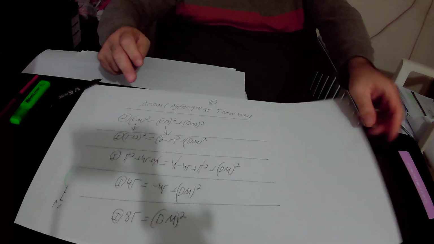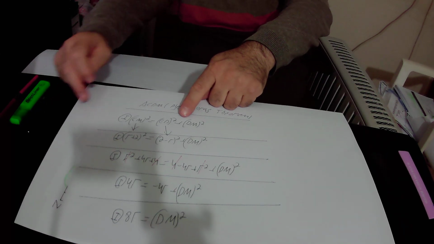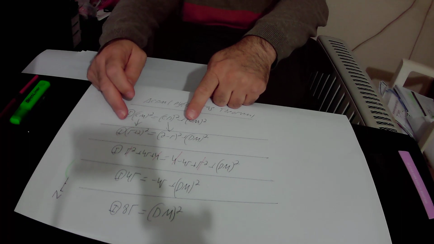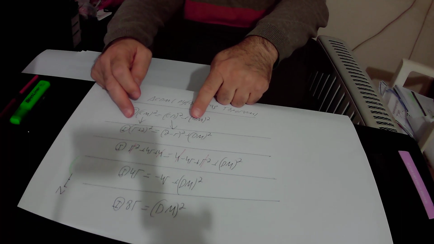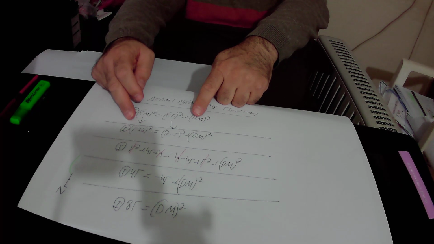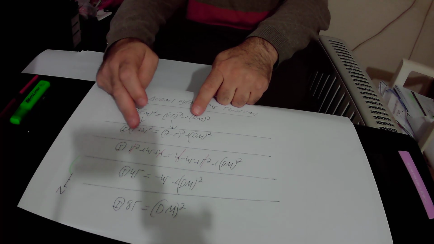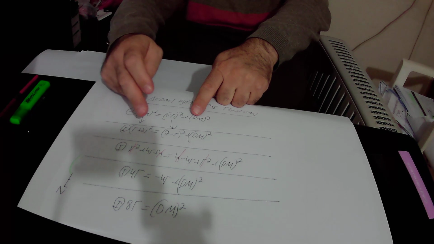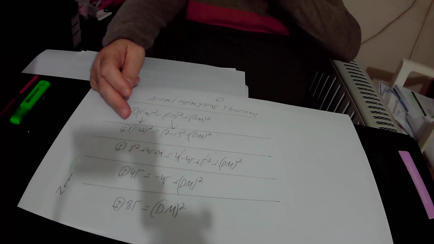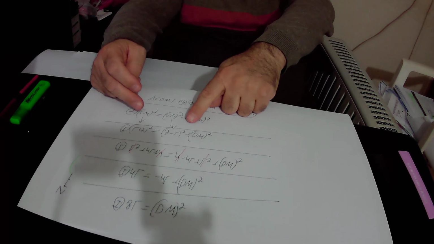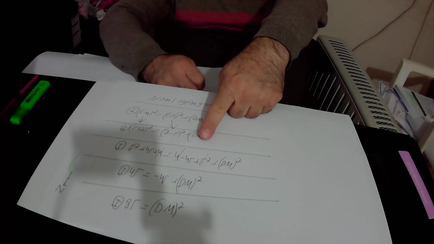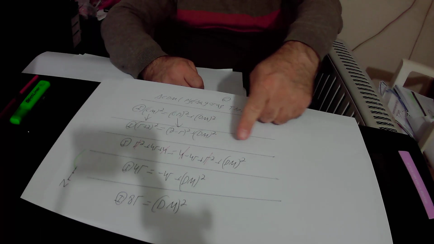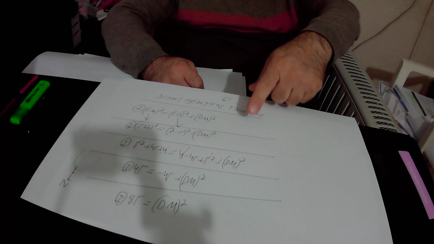We open the brackets of equation number 1, and we find that R plus 2 squared equals R squared plus 4R plus 4, and 2 minus R squared equals 4 minus 4R plus R squared, plus DM squared.